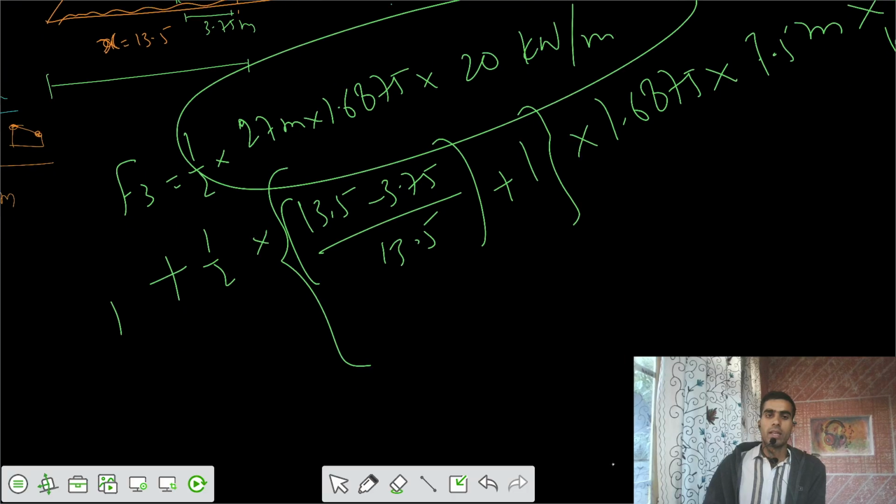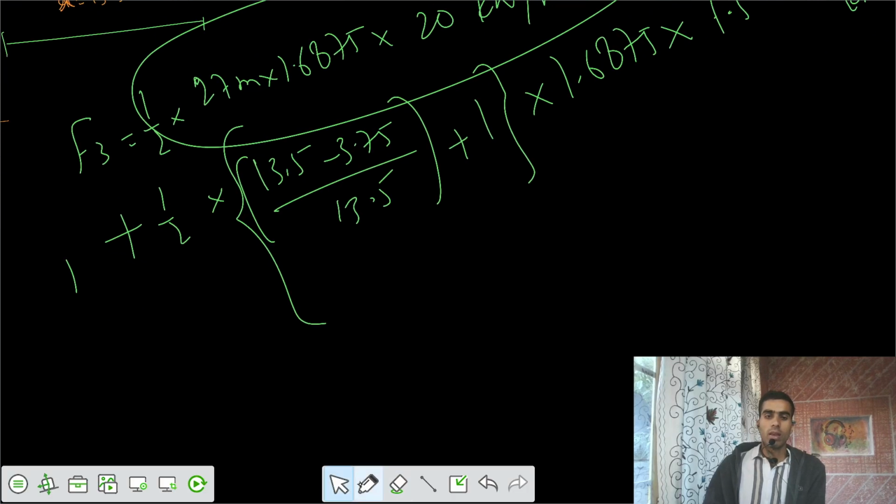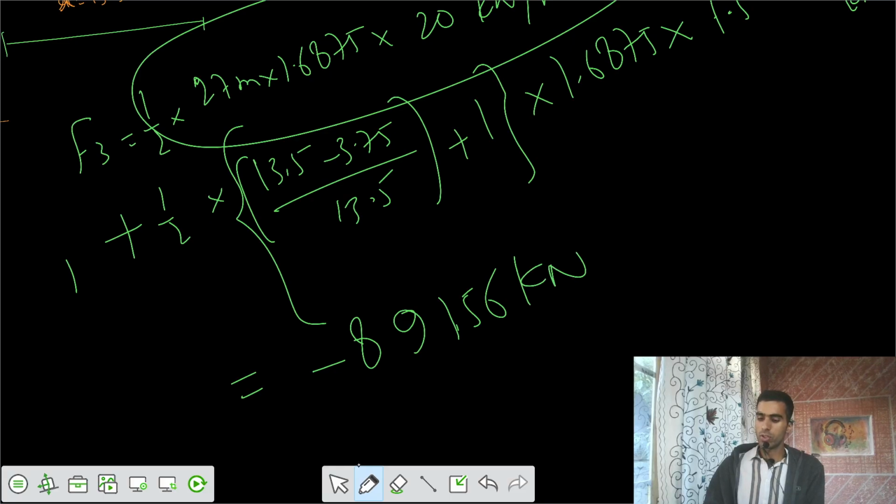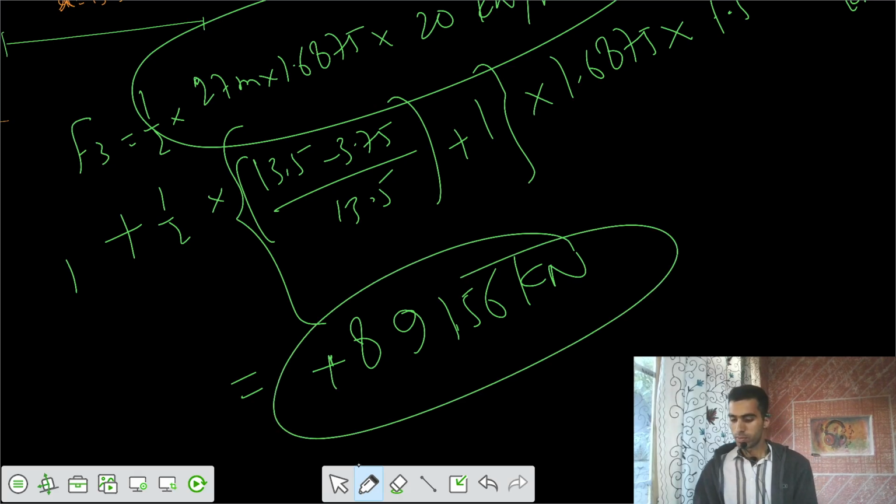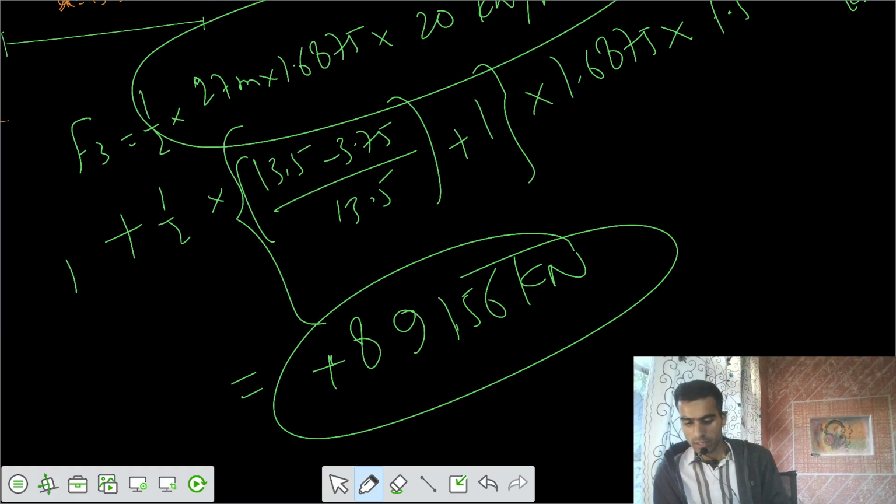Then finally you get F3 equals 891.56 kilonewton. That should be positive. F3 should be positive. This is a bottom chord member, so a positive diagram should be there. I would take it as a positive value.